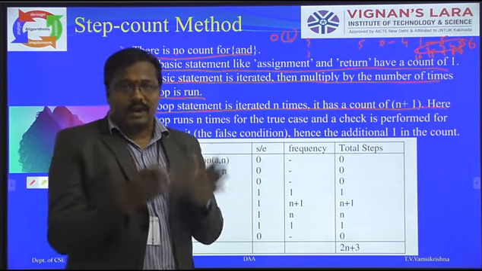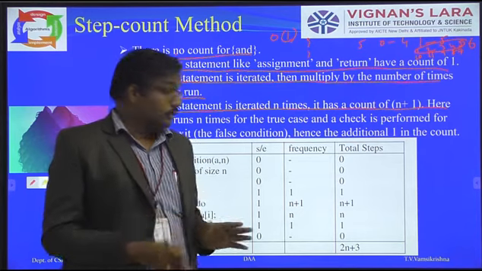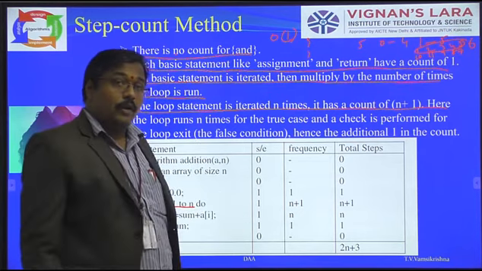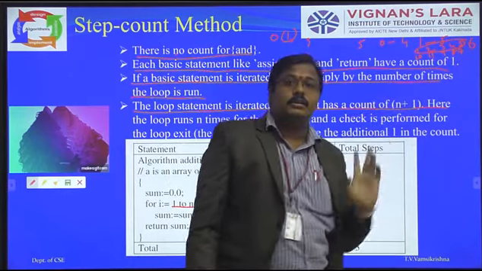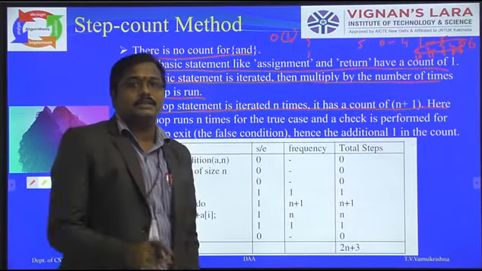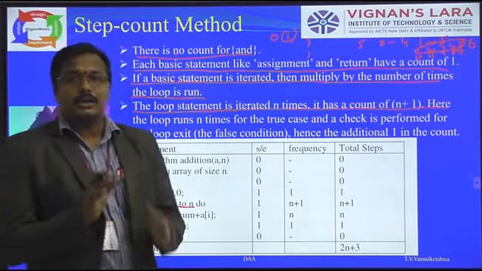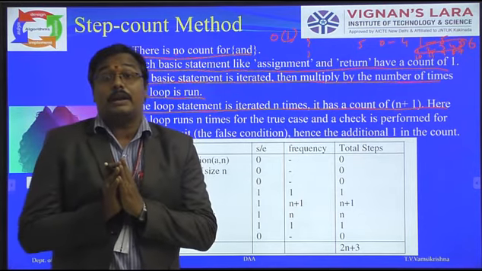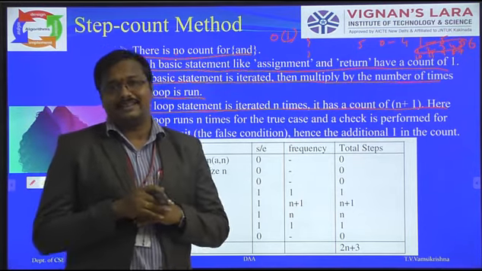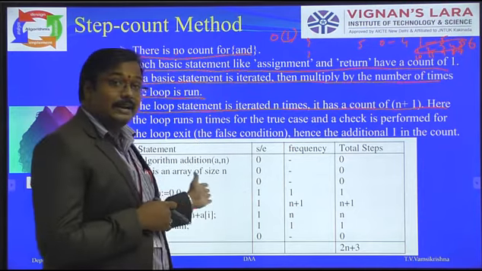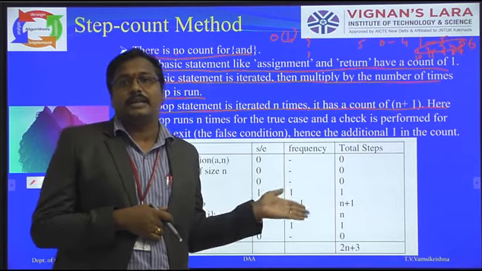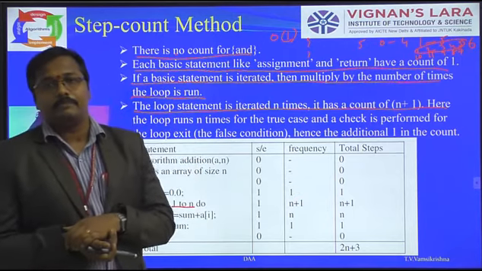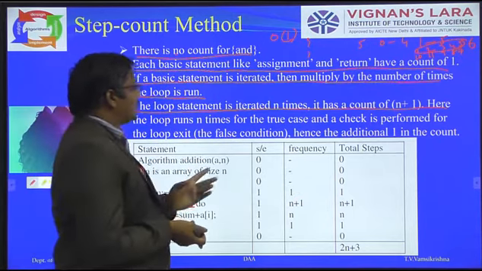That means 5 times true and 1 time false. False happens only when i becomes 6, so that case is also considered. So totally n plus 1 times the loop is iterated, meaning n plus 1 times condition checking happens, and n plus 1 times the increment also happens. That's why n plus 1.